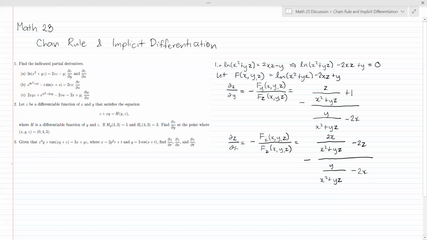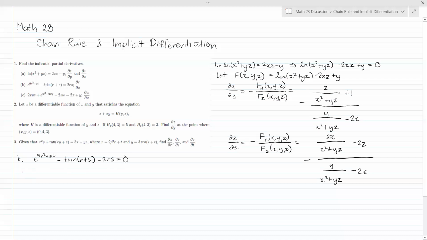About letter B. Letter B, we have e to the, let's express this as e to the 9r squared plus st minus t sine r plus s. Ilipat ko na dito yung 2rs. So this is equal to 0.